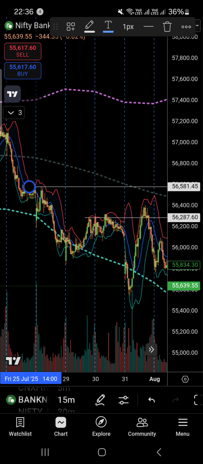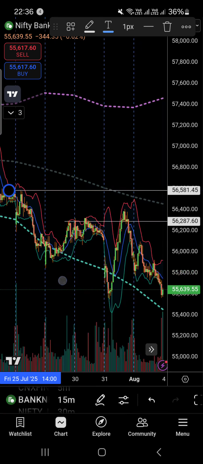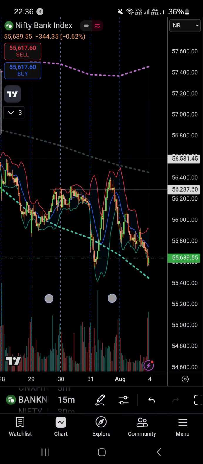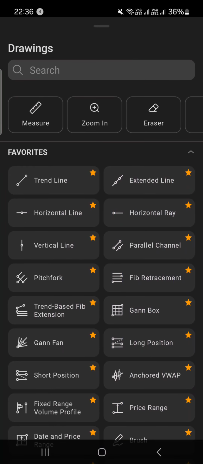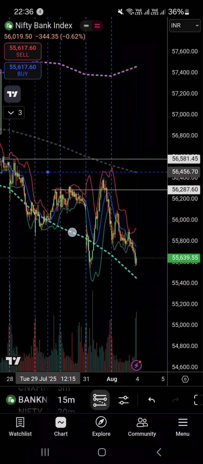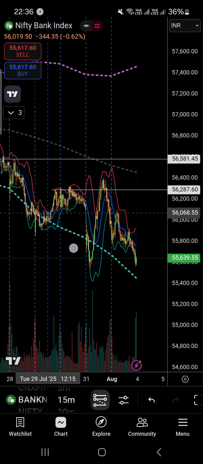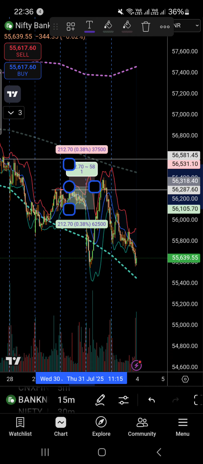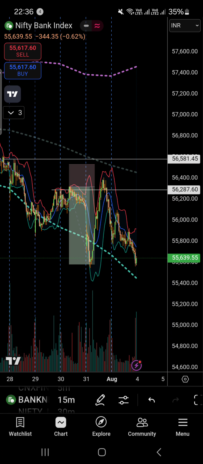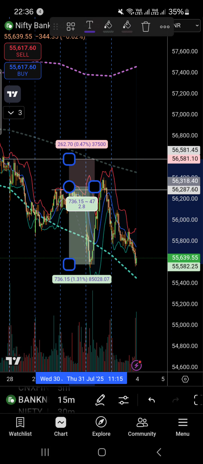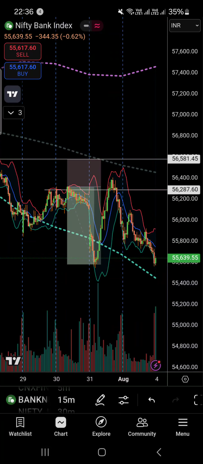This is almost 300 points. This is Bank Nifty, so a 300 points stop loss, and you place your order somewhere in this area, and your stop loss is there. And this is again more than 1:2, right?